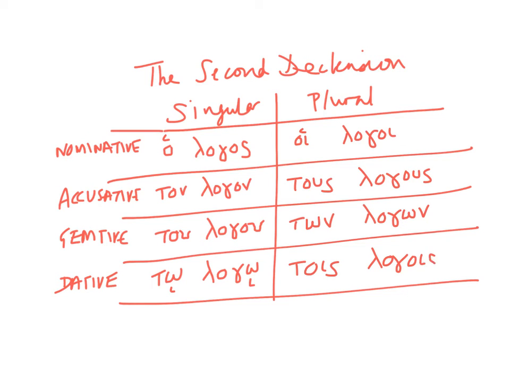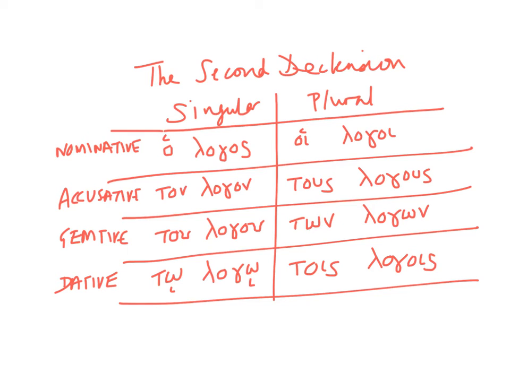So that is your model for the Greek word logos, meaning word. All the different forms of it that you might find, and all the different cases laid out. And again, like the first declension, it's worth learning it. Now, you should see, I hope, if you put this together with the first declension, certain patterns, certain similarities between the two declensions. For example, the iota subscript that you always get in the dative that makes it look so pretty.